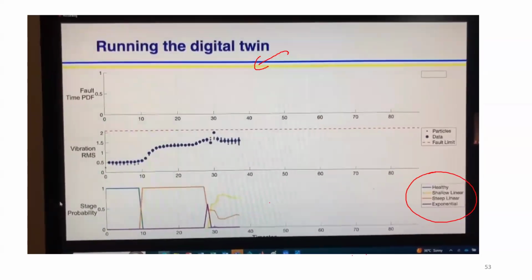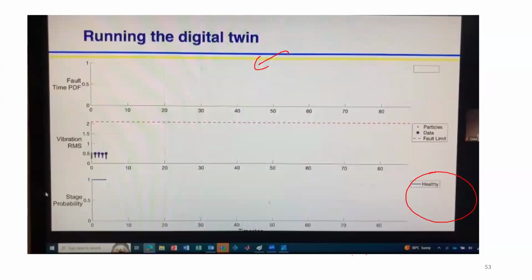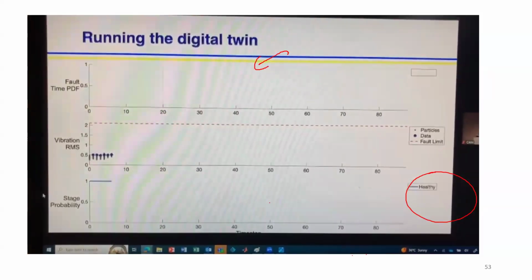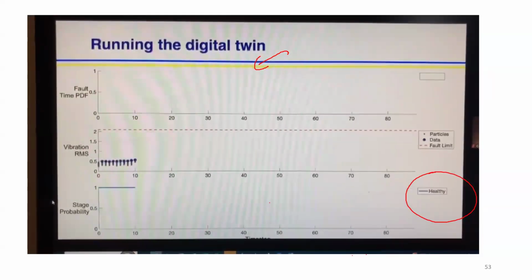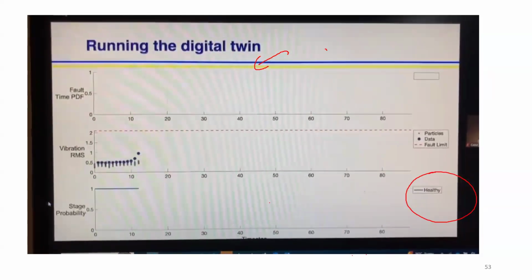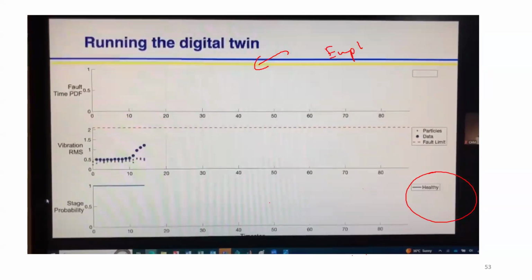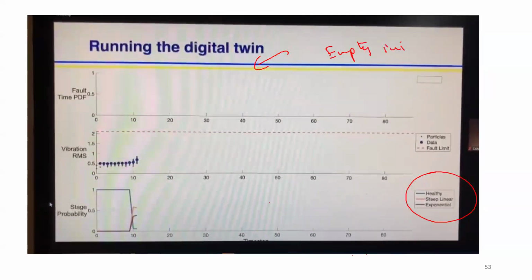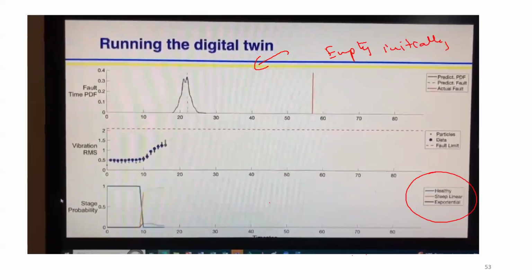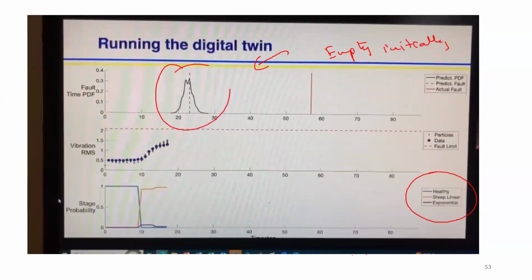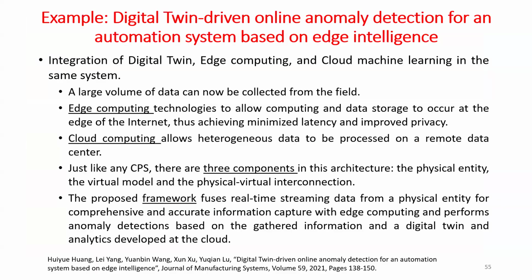If we go back and run it again, you will see that the fault time PDF is initially empty, and now you see it appears.